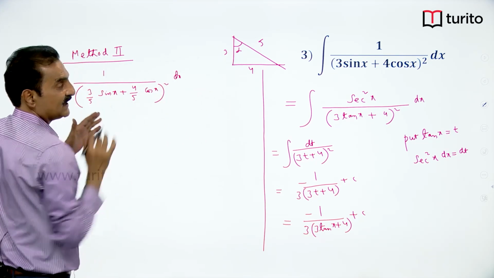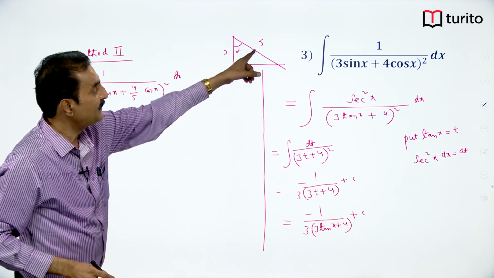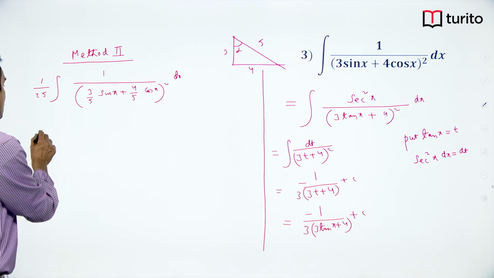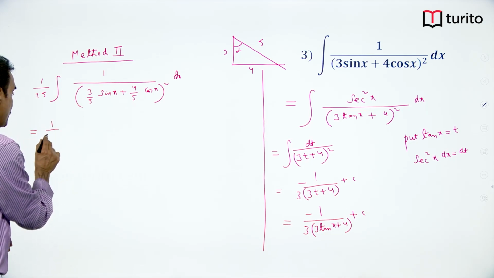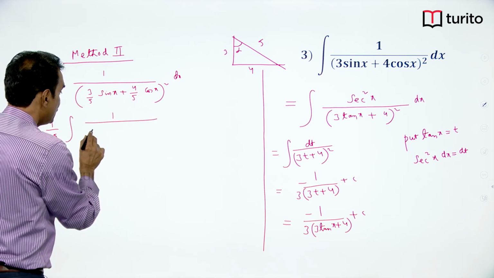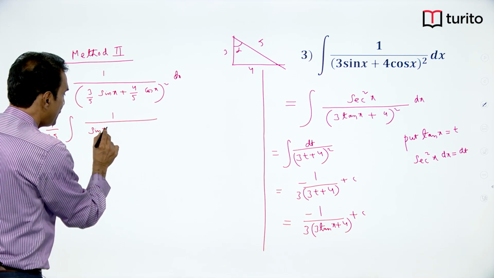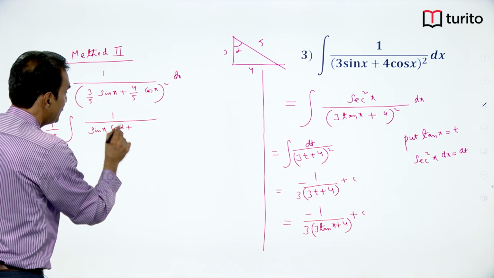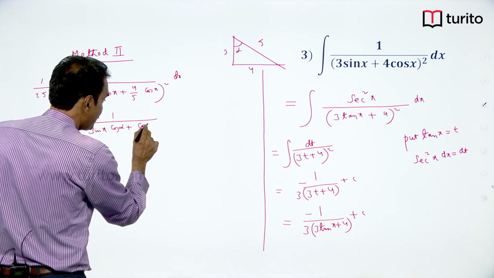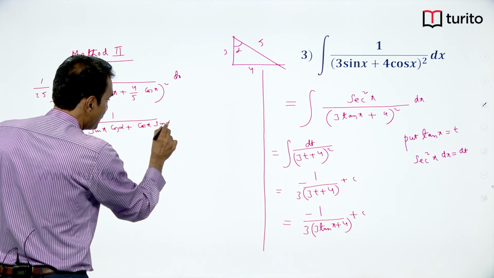Now, assuming this triangle, 3 by 5 will be cos alpha, 4 by 5 will be sin alpha. So, this becomes (sin x cos alpha plus cos x sin alpha) whole square.